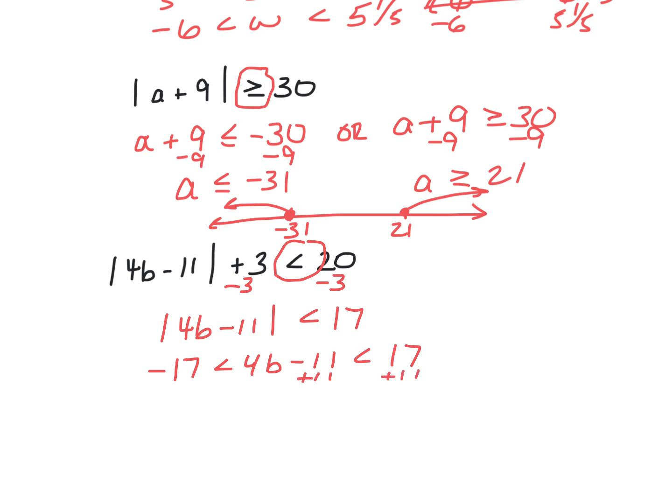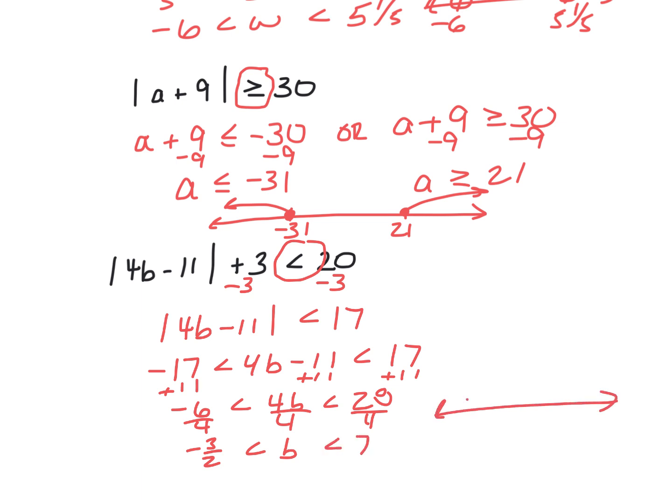Going to add 11 to all three parts. Divide everything by 4. And now I've got reducing. B is between negative 3/2 and 7. Which again, the graph would look like a tweener. Open dots and everything in between.